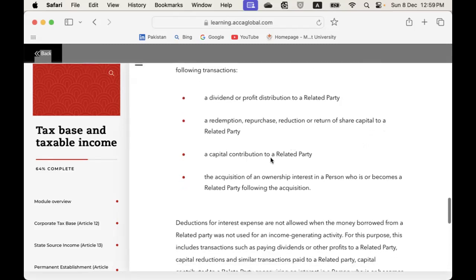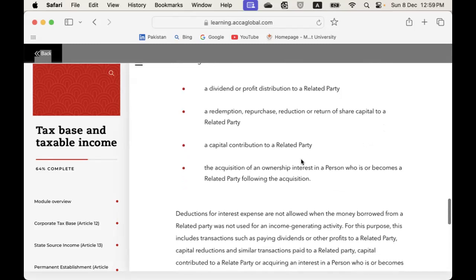A capital contribution to a related party. You want to invest money into another related party, and for that you are taking finance; interest on that kind of loan will not be allowed. Acquisition of an ownership interest in a person who is or becomes a related party following the acquisition.